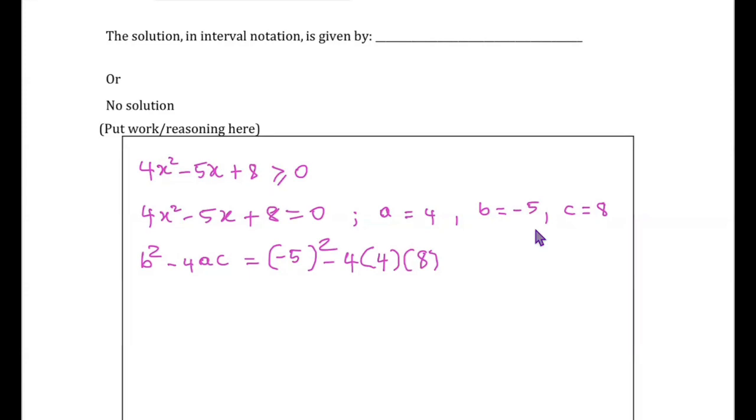We calculate this, and we get that the expression b squared minus 4ac equals negative 103, which is less than 0.